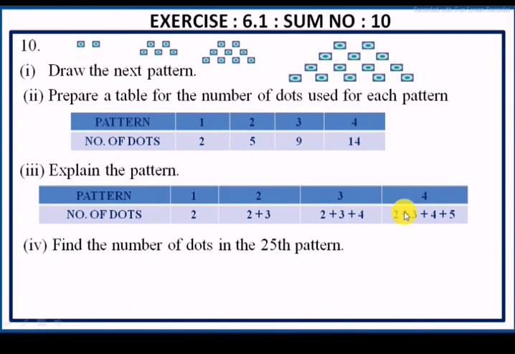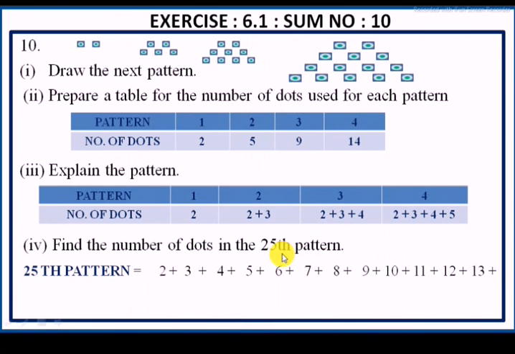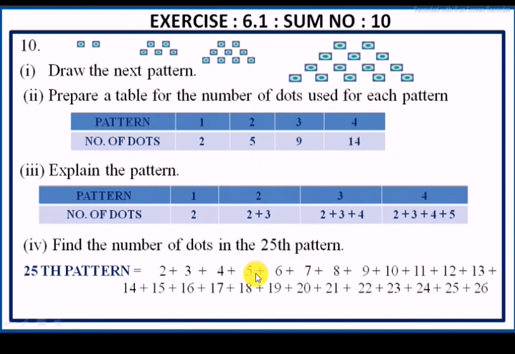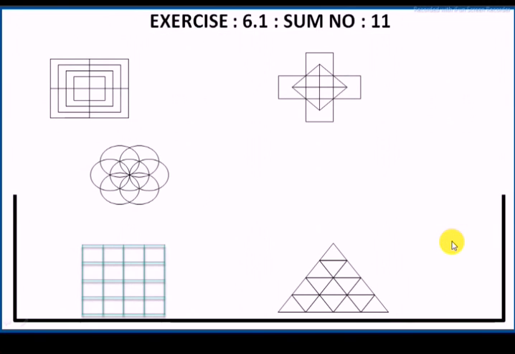So in the 25th pattern, the dots will be 2 plus 3 plus 4 plus 5 till plus 26. It starts with 2 and it ends up with 26. So when you add, the total will be 350. So you get your answer to be 350. So let's move on to the next sum. Sum number 11.